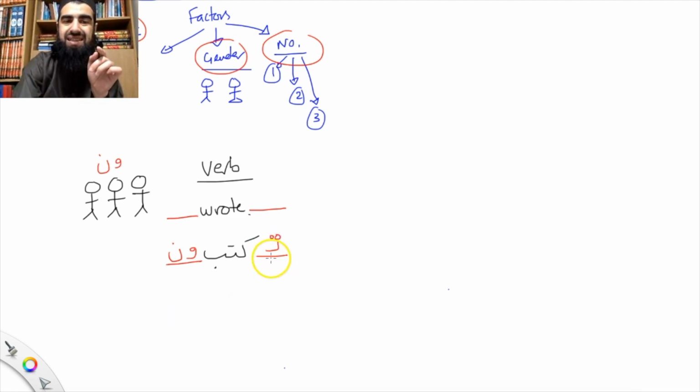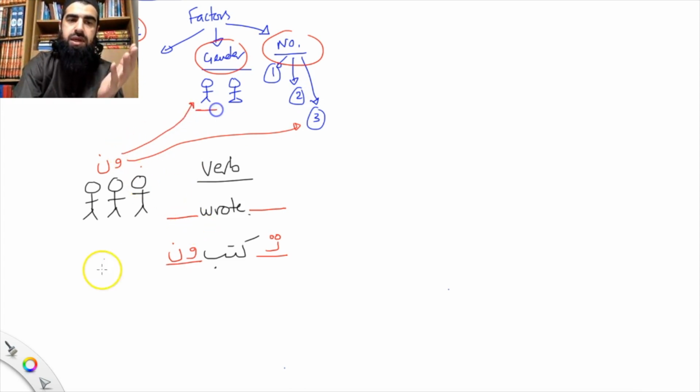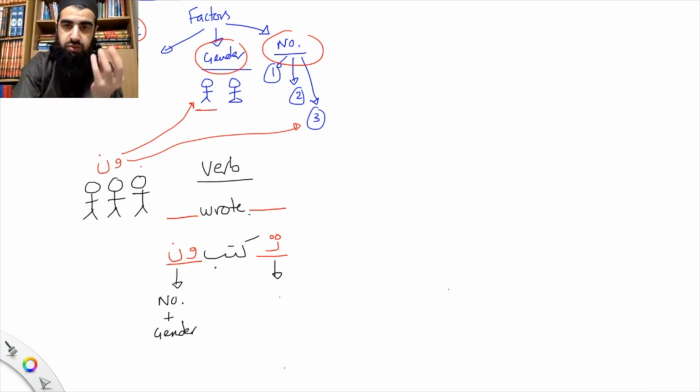So by me adding a ta to the beginning of the verb, and then adding at the end of it a waw and noon, this now means that I am referring to a second person, masculine, and it's more than three. So taktubuna in that case now means you all are writing. And that's simply because the verb itself, the kataba, is the root word.